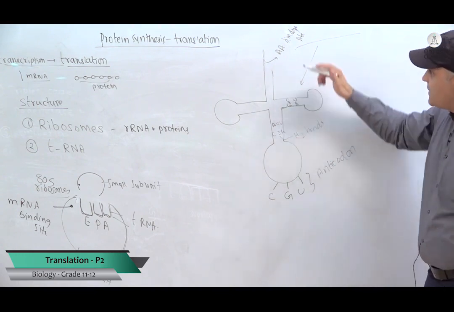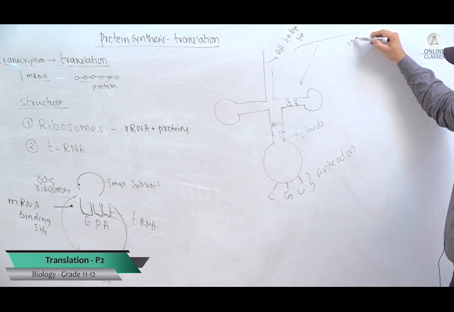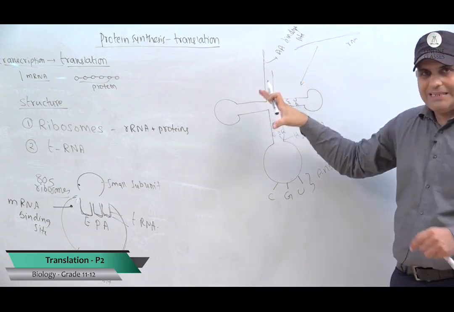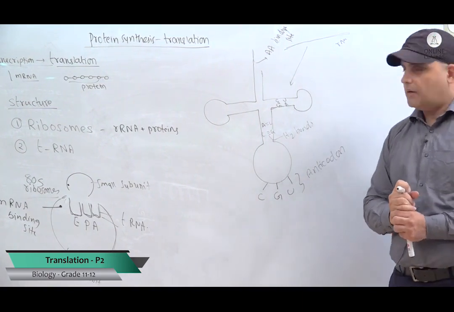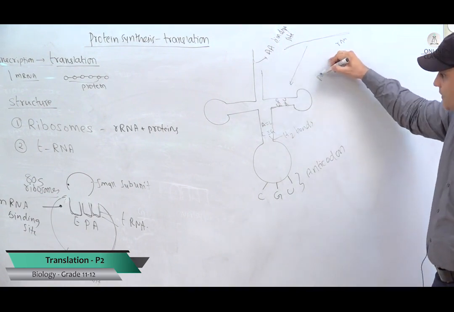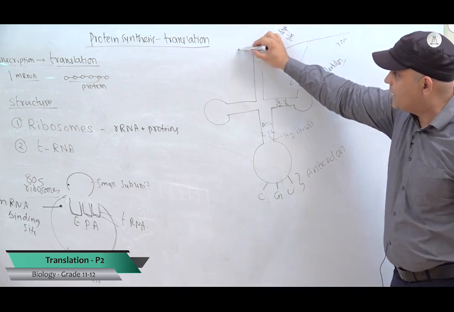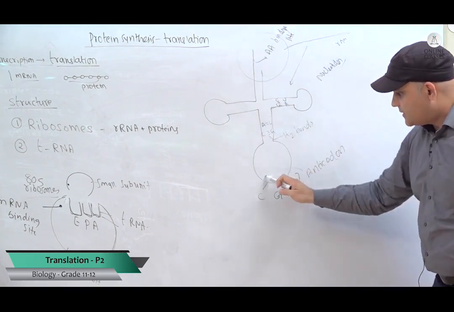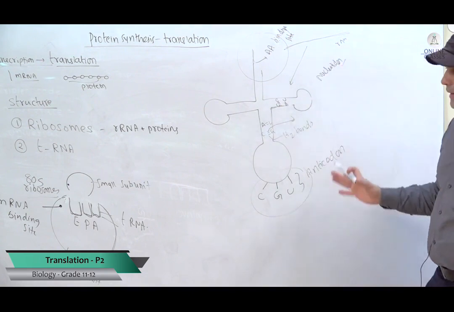Basically it's a single strand of RNA molecule which has folded into a tRNA molecule. tRNA means transfer RNA. It's a nucleic acid which is also made up of nucleotides. But it has special sites: one is the amino acid binding site, it has the anticodon, and it has hydrogen bonds which are lacking in mRNA.